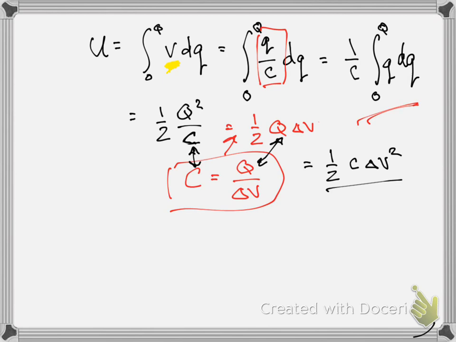Sorry. Not the same because we're making a substitution, but regardless, we're combining 2 equations in order to get 3 different relationships for energy. Energy stored in a capacitor: 1/2 Q delta V, 1/2 Q squared over C, 1/2 C delta V squared. Don't memorize all 3 of them. You'll need one of them, but you also need to know the relationship between Q, delta V, and C, and then you can get the other 2.